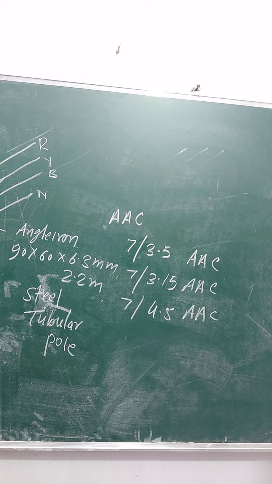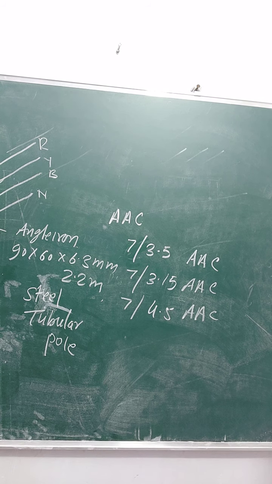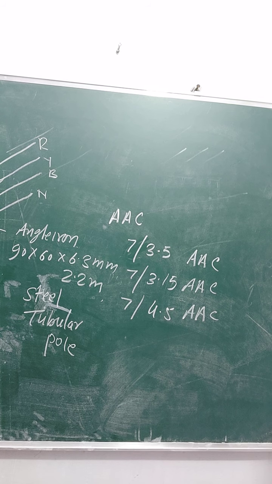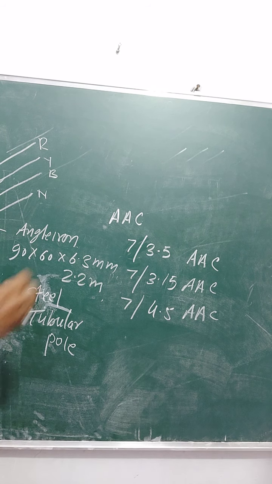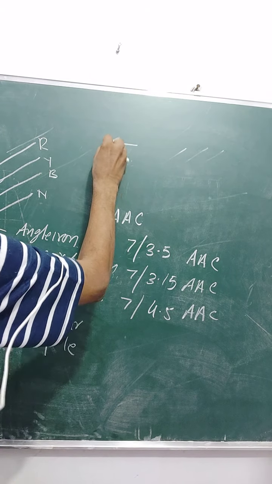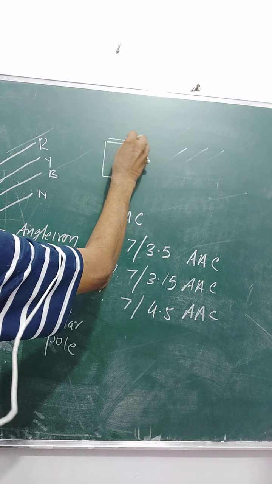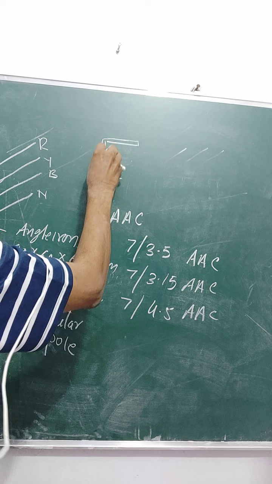So in the LT line, what is the difference? Only this cross arm is used. Sometimes people are not using a cross arm, and they directly use this shackle insulator here. The shackle insulator is of this type, which can be directly fitted on the pole.